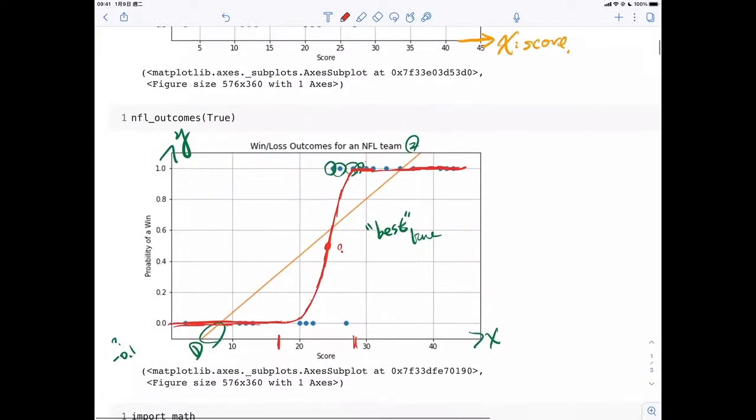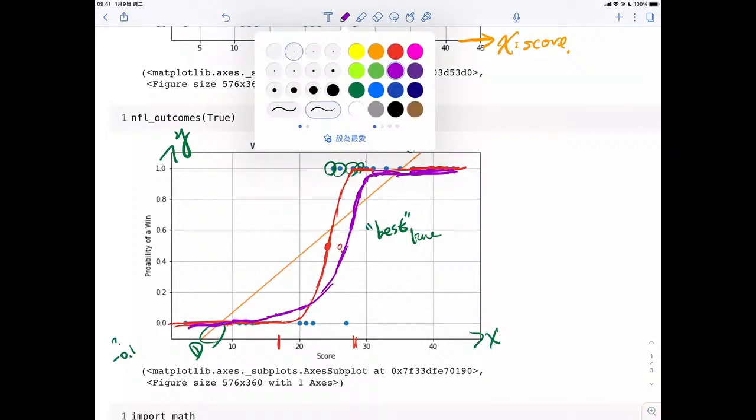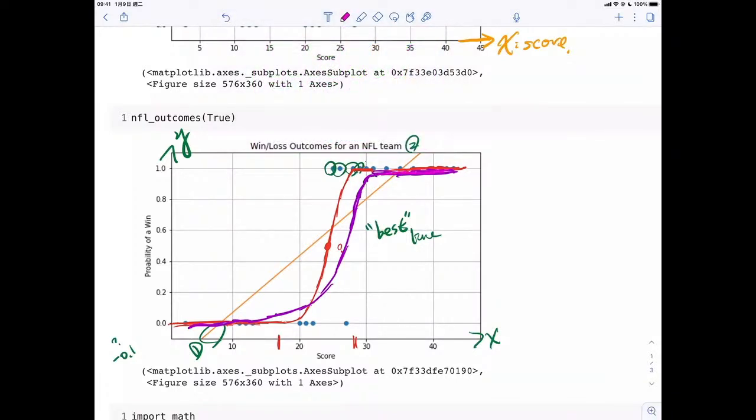Let's take a look at this one. The red shape which I drew looks promising, right? But sometimes maybe there is another, purple line with a different shape, which may look like this. Or sometimes you can find another pink one, like this. So basically, we don't know which one is better. It's very similar to linear regression.